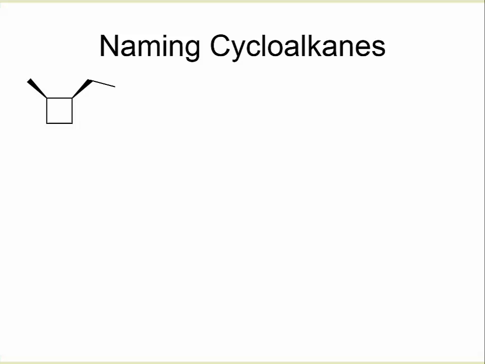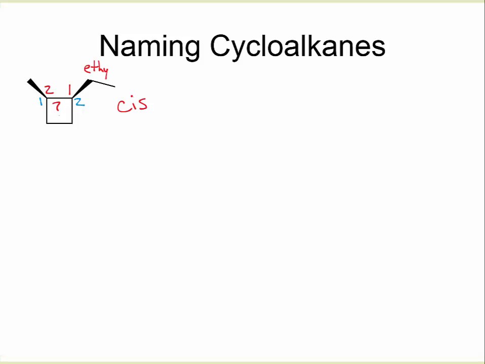When naming this compound, I see that I have a methyl and an ethyl attached to a cyclobutane. Both substituents are pointing up, so that I know that cis is going to be a portion of the name. When numbering this cycloalkane, it's important to know whether you number the methyl group 1 and the ethyl group 2, or vice versa. Well, it turns out that nomenclature is determined by alphabetical order.